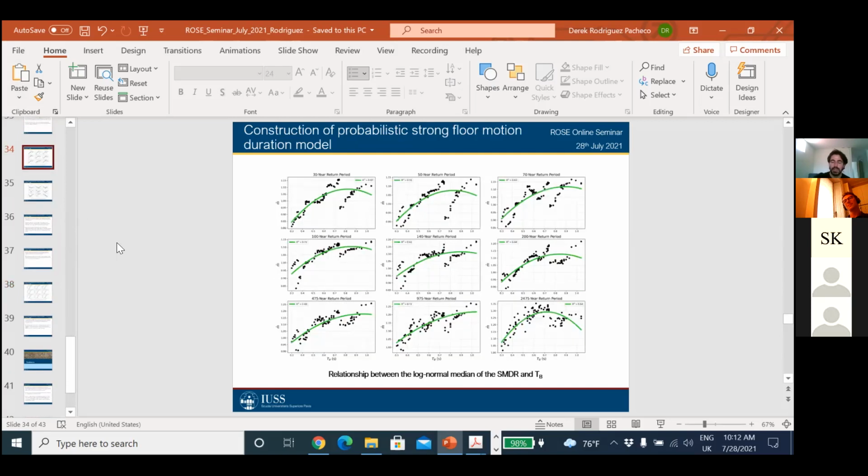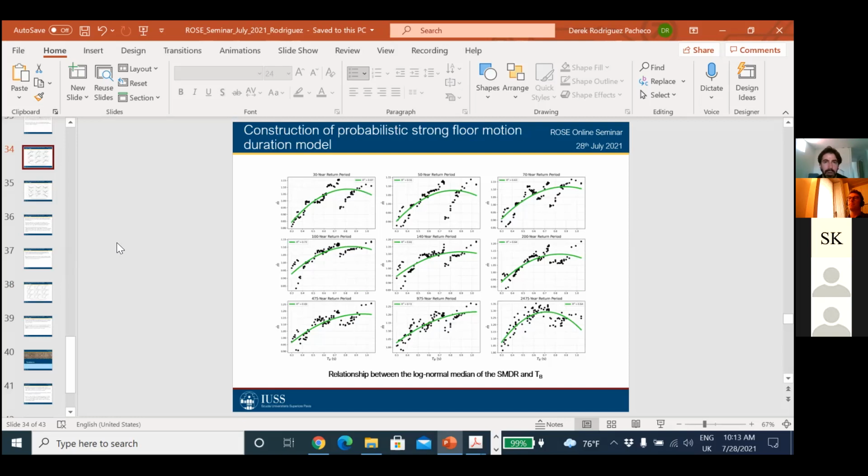Of course, that is quantified here, because for the higher return periods, for example the 470 and the last three ones, I would say there is some yielding in the structure. So that model should be capturing that. But at the same time, it just considers the elastic fundamental period, you know what I mean?